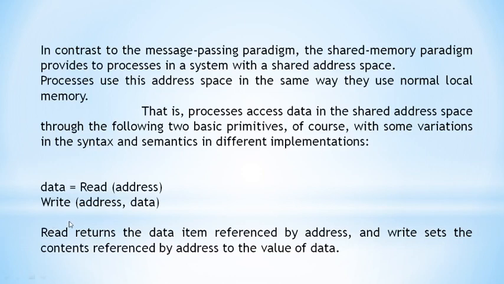With these two concepts, the shared memory paradigm operates. The read returns the data item referenced by address, whatever data item is located at that address, and it is stored in data. The write sets the contents referenced by address to the value of the data. Whatever data we have given here will be written to that particular address.